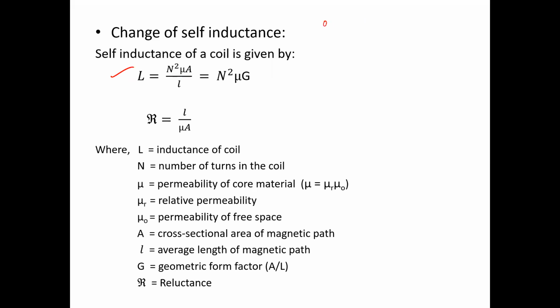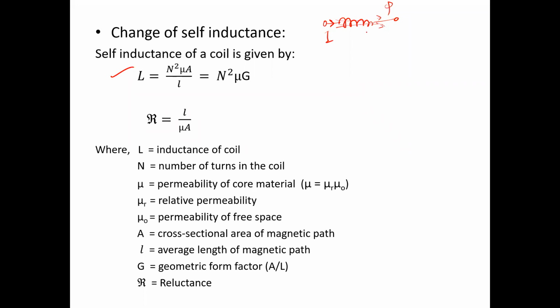If we consider an inductive coil, suppose the coil is carrying current I, it will generate some MMF, and also it will induce some voltage, and the flux which is generated due to the change of current we can denote as phi.